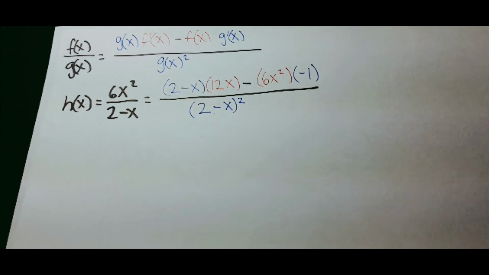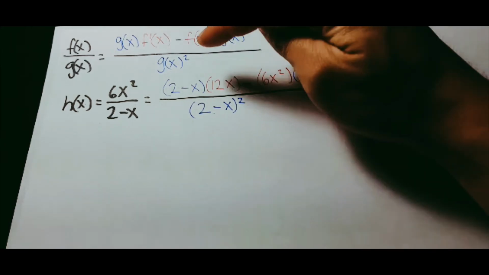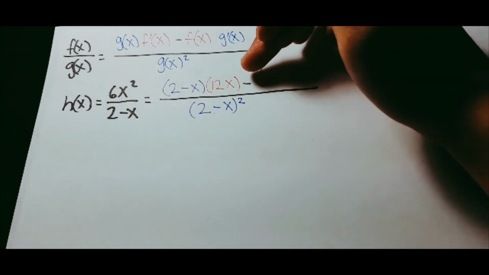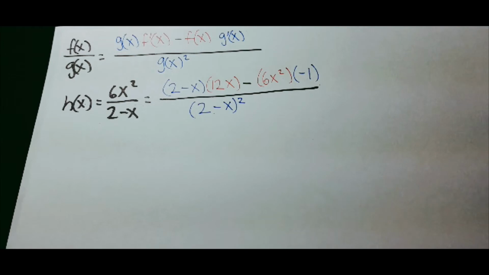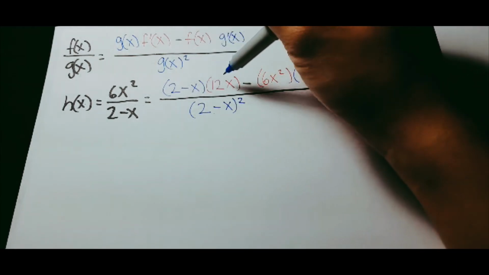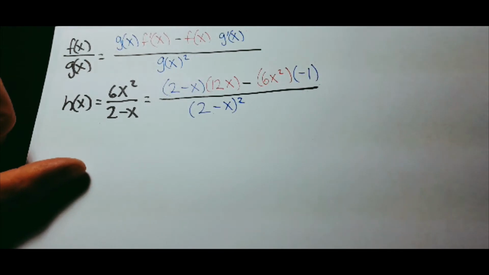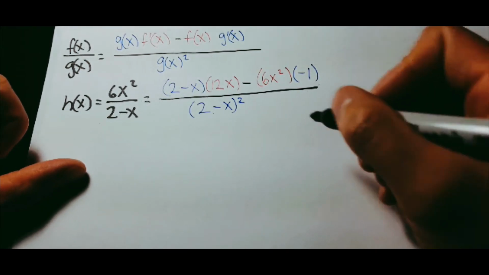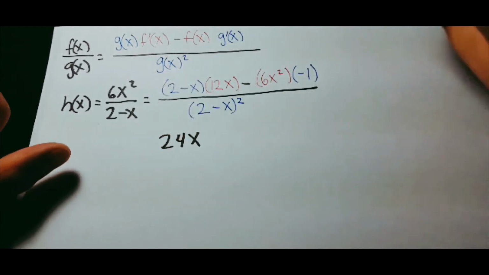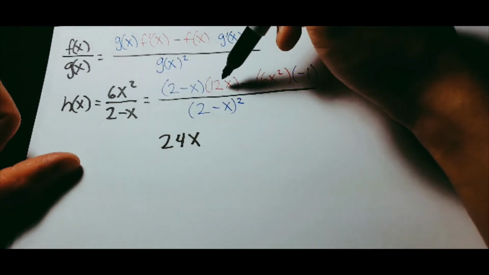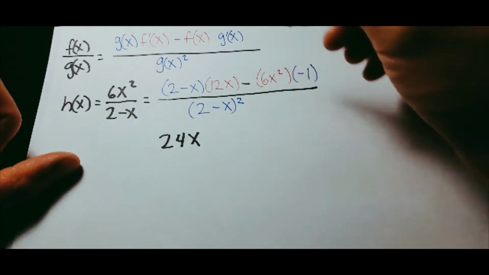So again, we can just do algebra from here. Multiply these, and then of course subtract them and add them. Okay, so here we'll have 2 times 12x is going to be 24x. Then negative x times 12x, that's going to be negative 12x squared.